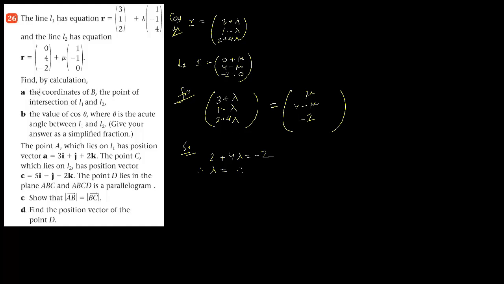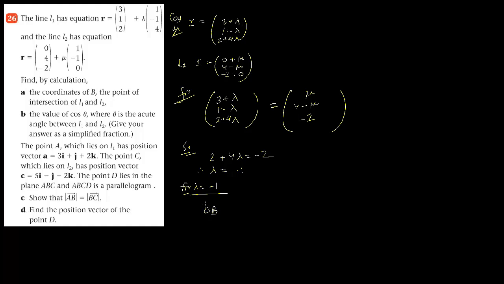Now since we know the two lines intersect, there is no need to find the value of mu. We can simply put the value of lambda and find the point of intersection. So for lambda equals minus 1, I'm putting it here in L1 because it has lambda.